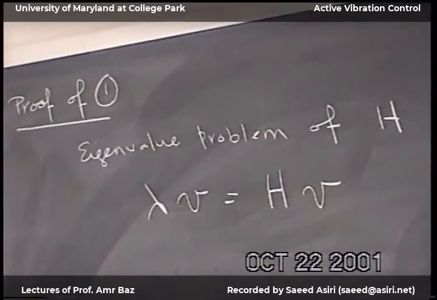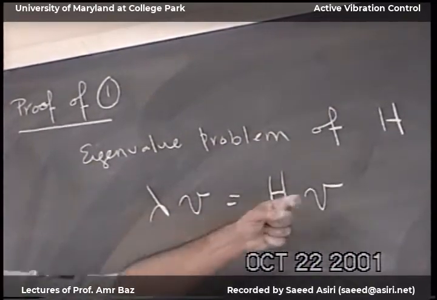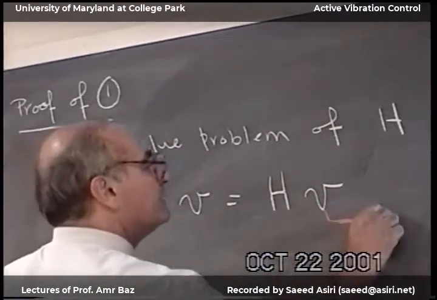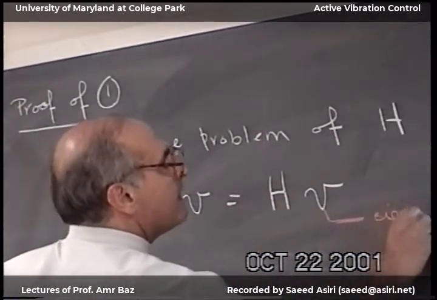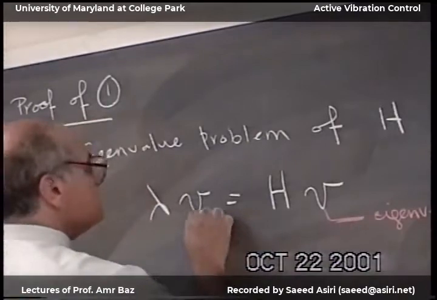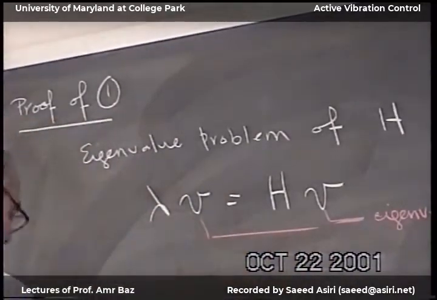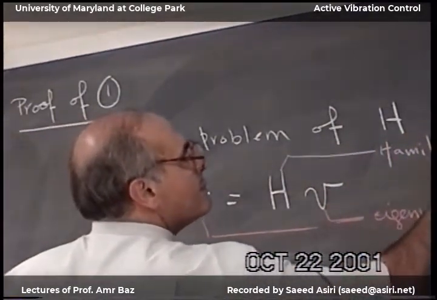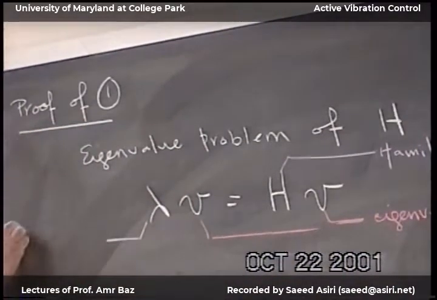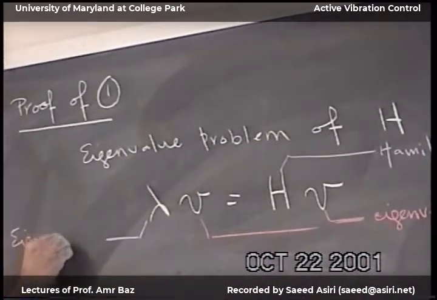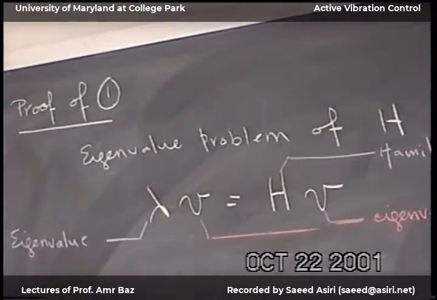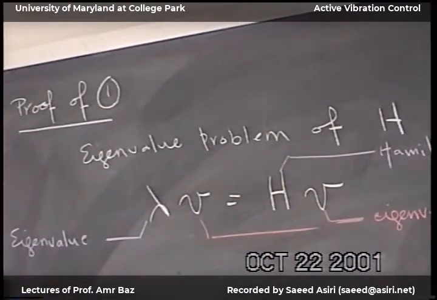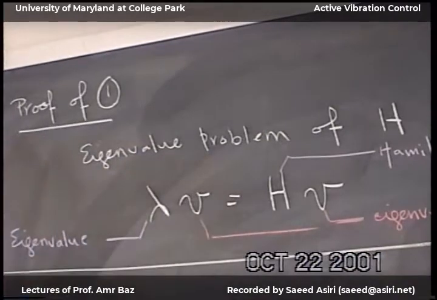So the H, this is the matrix, the eigenvalue, and then the corresponding eigenvector. Okay, that's the classical definition.